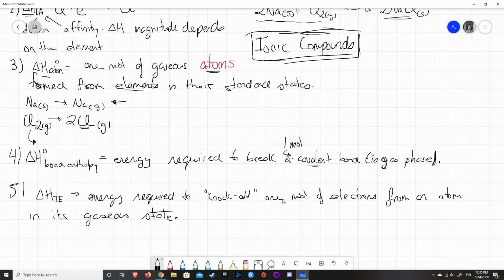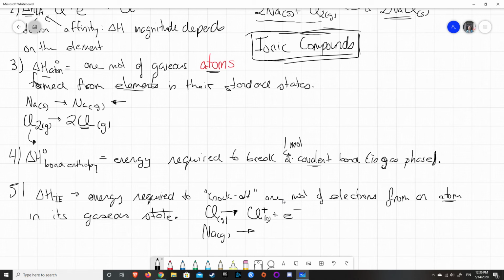So what that one would be is we'd take our chlorine atoms in their gaseous state, and we can knock an electron off, forming a chlorine cation and an electron. Or we can do that with sodium in its gas phase.